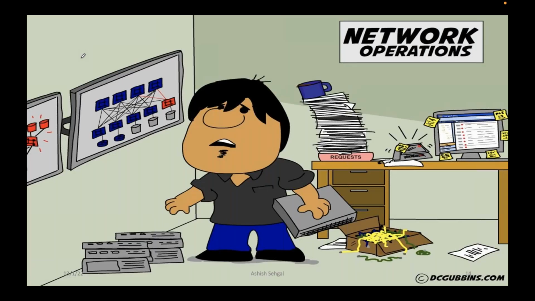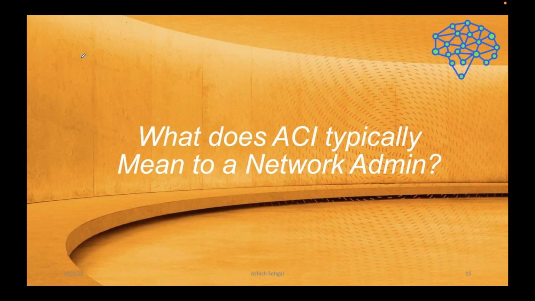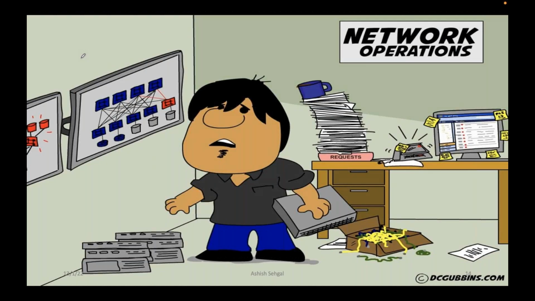Okay, now ACI is there to minimize the network operations tasks. The traditional network operation tasks, once you look into ACI, you will see how ACI helps to minimize the network operation task of finding the faults, of monitoring the faults.